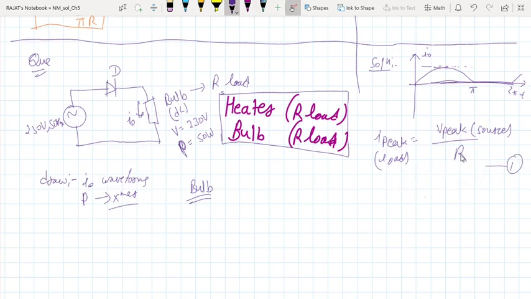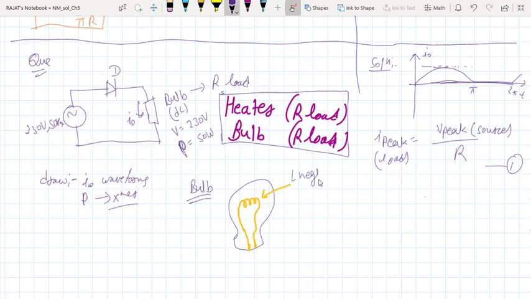So I need to calculate R. Before calculating R, I have to show something about the bulb. Suppose this is our bulb, and in the bulb the filament looks like this.